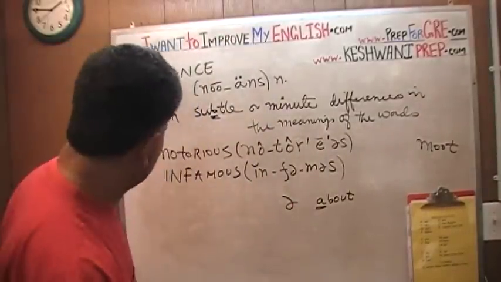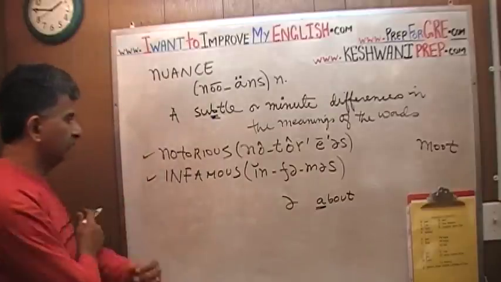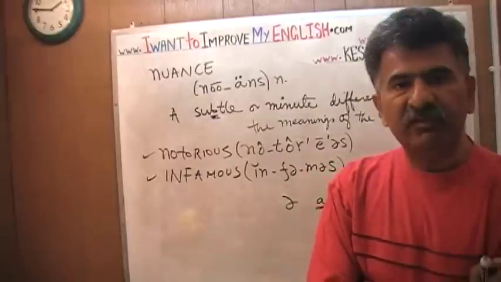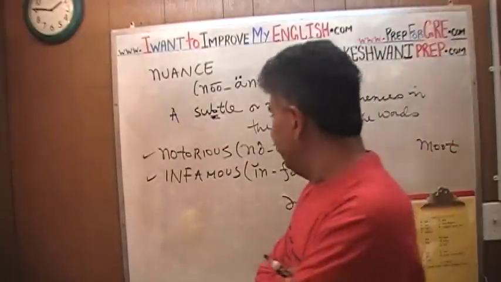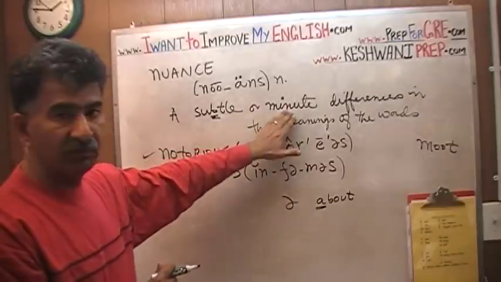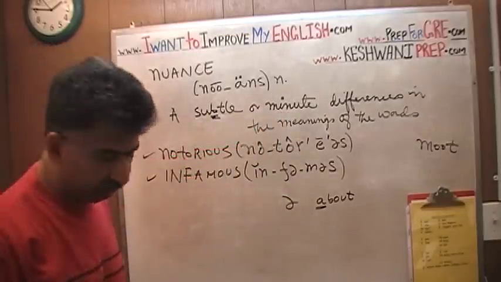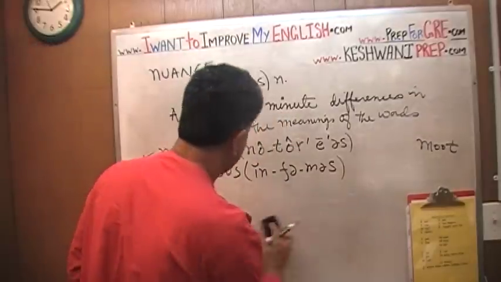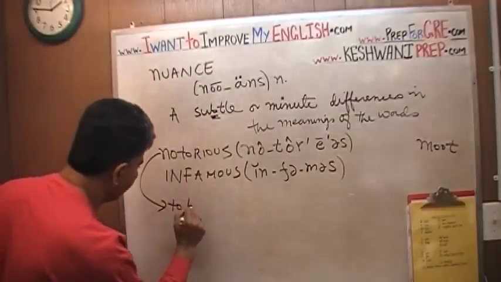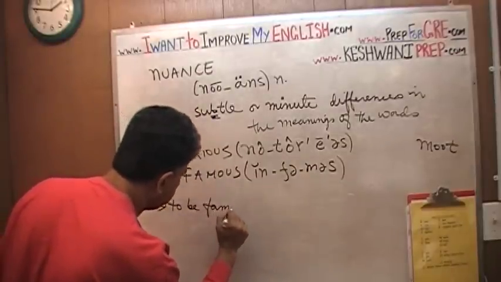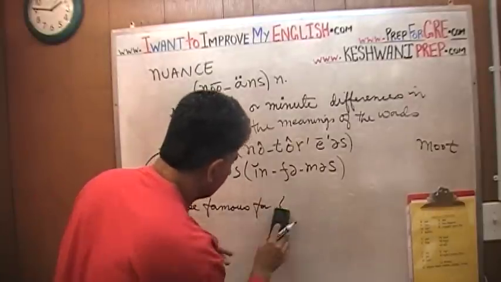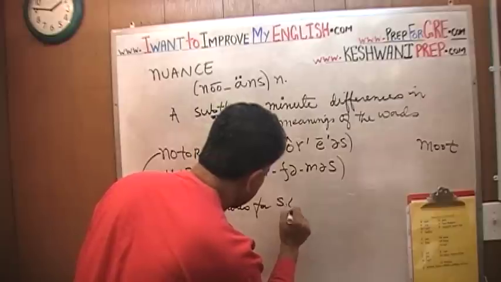The question now is, can you tell me the difference between this word and that word, notorious and infamous? Both of these words mean to be famous, but they have different nuances. They have different shades of the meaning. Notorious means to be famous for something.